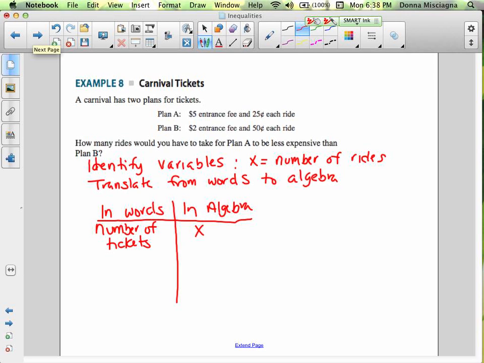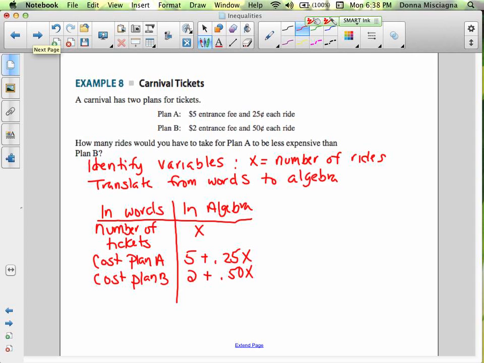We have the cost with Plan A. And the cost of Plan A is we're going to pay $5, and then we're going to pay 25 cents per ride. Cost of Plan B. We're paying $2 and 50 cents per ride. So every time we go on a ride, we've got to pay another 50 cents.